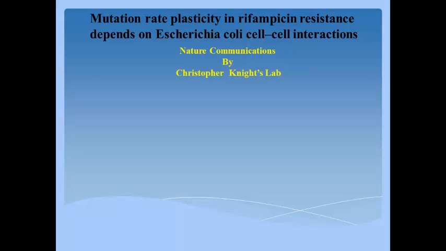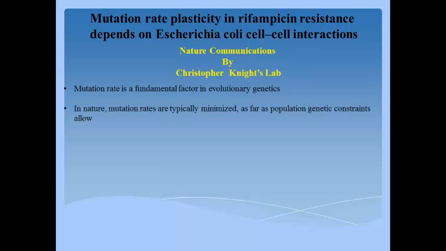Let's look at some of the literature. Mutation rate is a fundamental factor in evolutionary genetics. In nature, mutation rates are typically minimized as far as population genetic constraints allow. Rates of spontaneous mutation can vary both between and locally within genotypes.